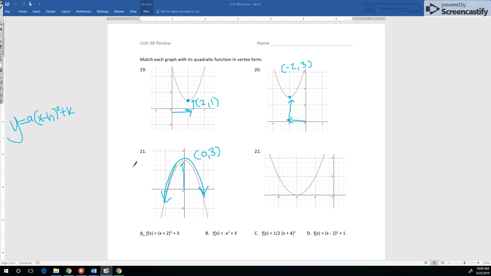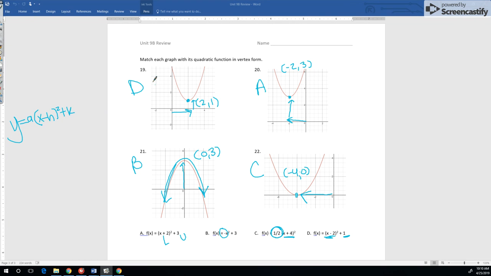That's B because of the negative. This one looks wider, and the vertex is over at -4, 0, which means I went to the left. Wider, 4 to the left. Left 2, up 3. That would be this one. And right 2, up 1, right 2, up 1.